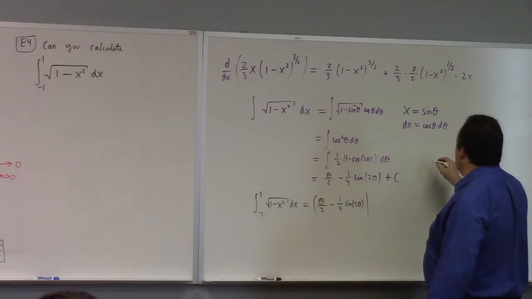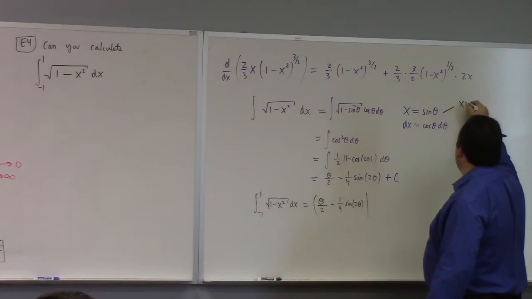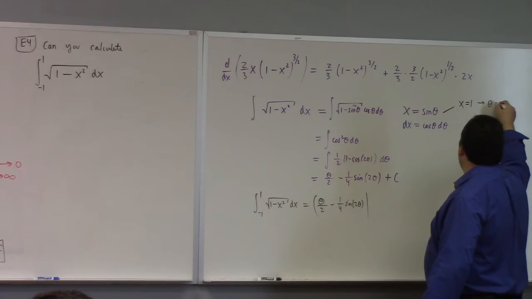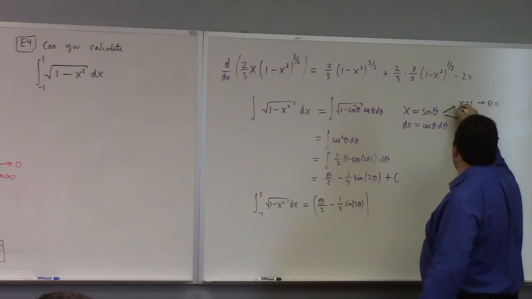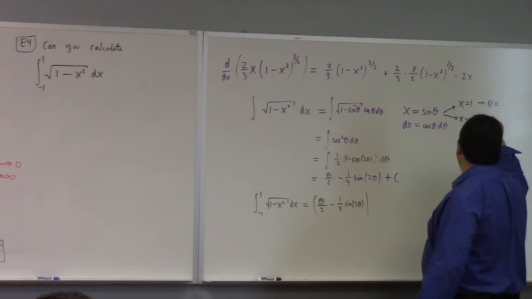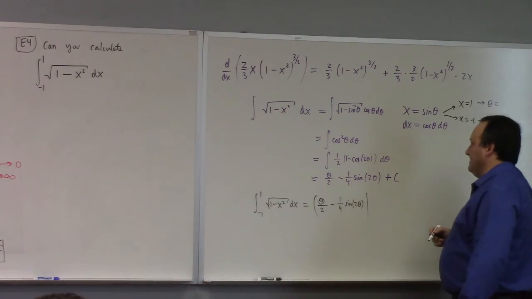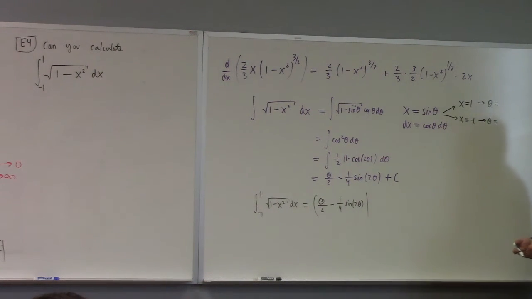What does this say? When x equals 1, theta equals what? When x equals -1, what should theta be? How do the bounds translate with this substitution? How can I get sine of theta equal to 1? I need a theta equal to pi over 2.